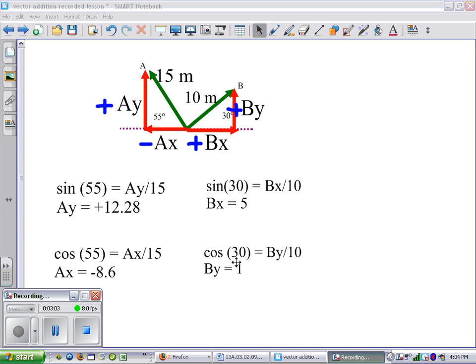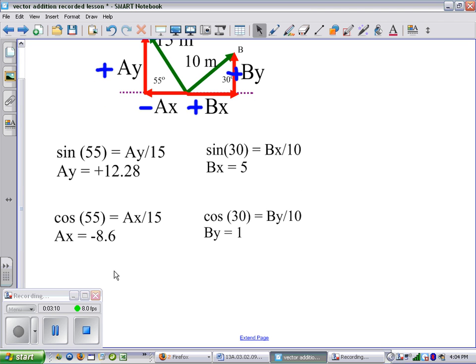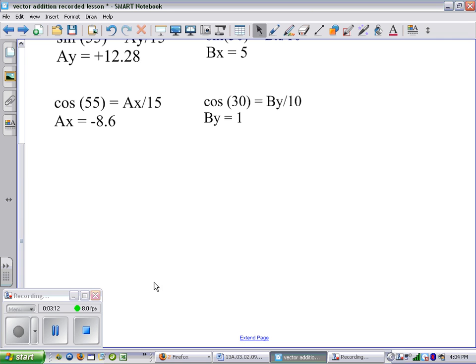Now I'm going to add my x components together to find the total x component of my resultant. And I'm going to give myself a little more space for this.